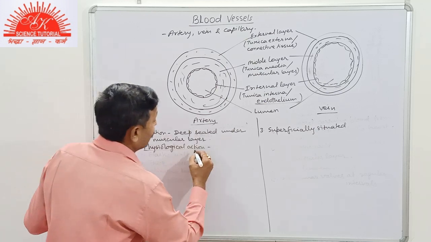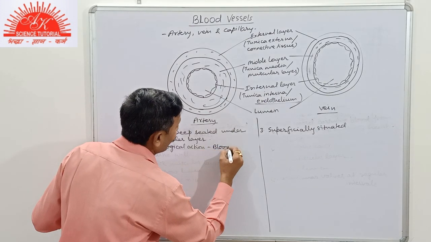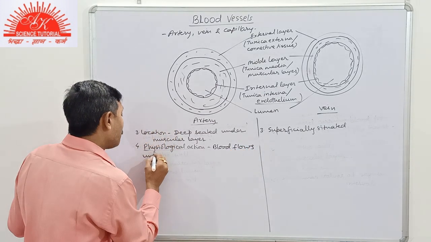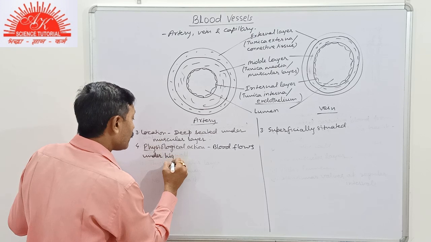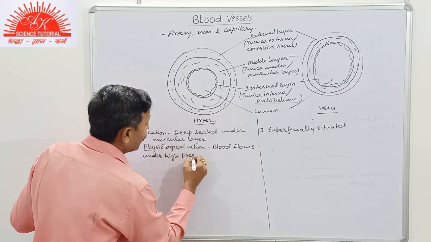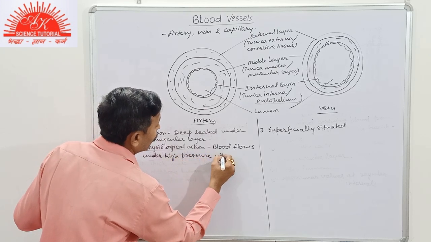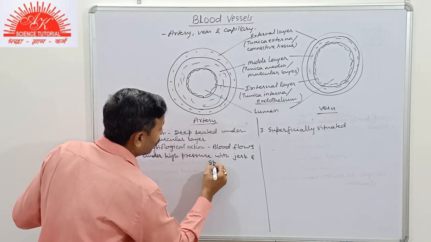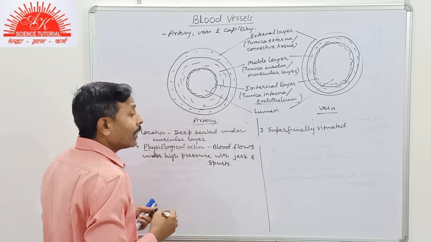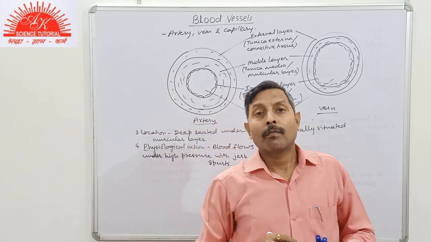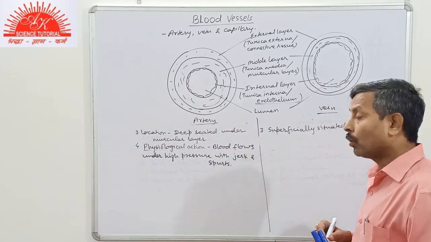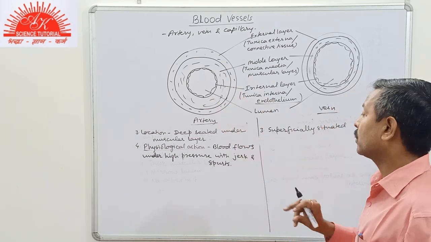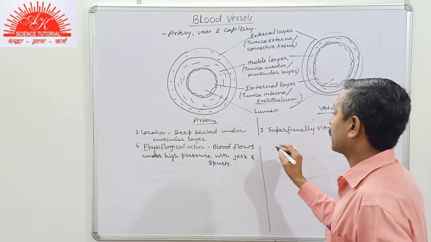Now physiological action: blood flows under high pressure, with jerk and spurts. That is, it does not flow smoothly, but during each ventricular systole the blood will be pushed and then the pressure will decrease. So this will be with jerk and spurts.